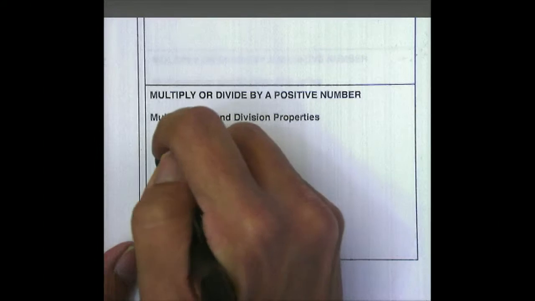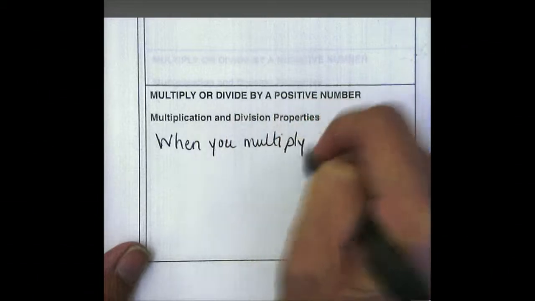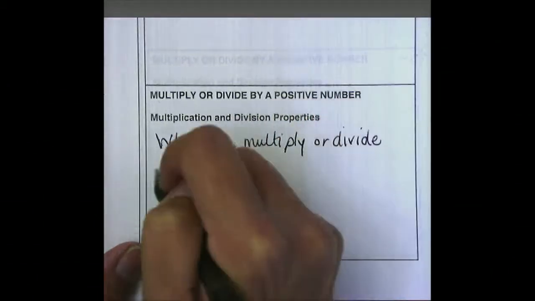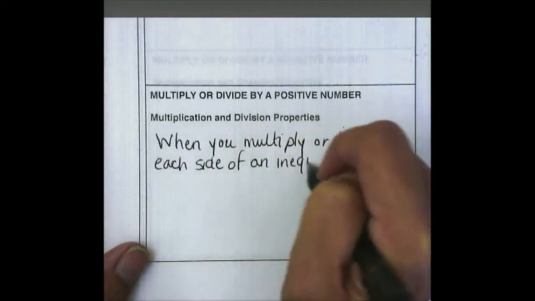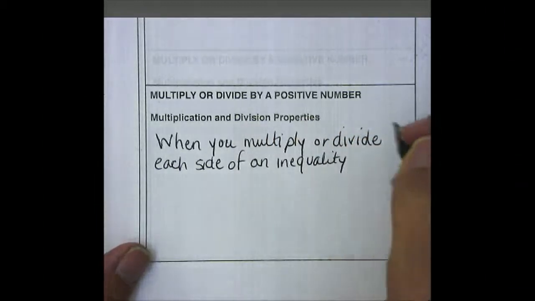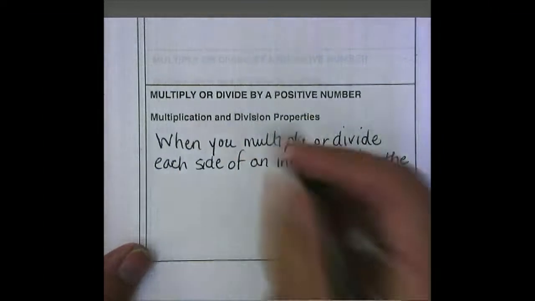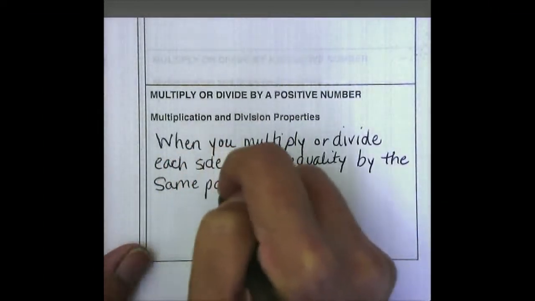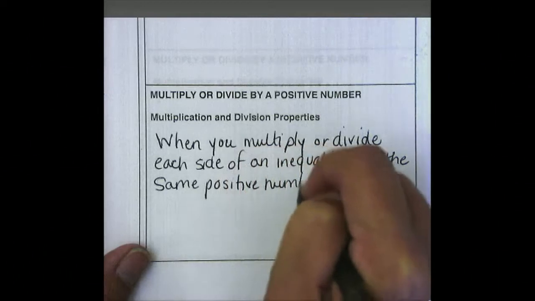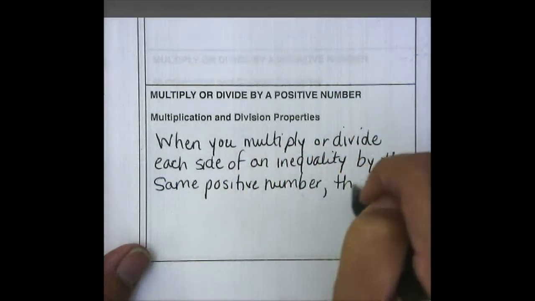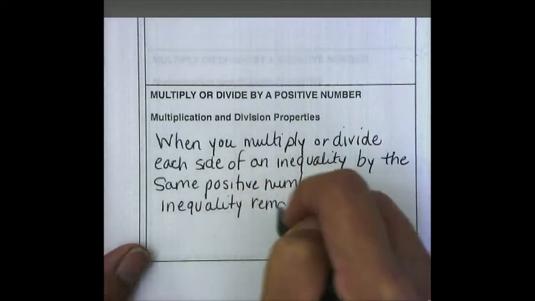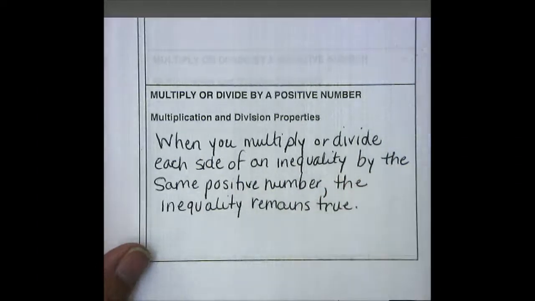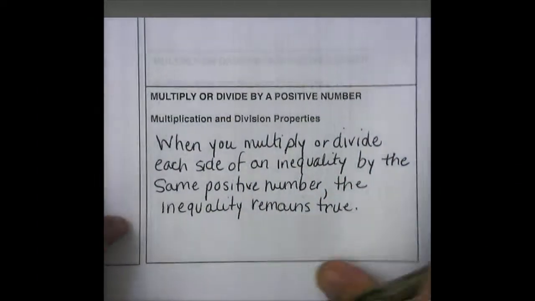So when you multiply or divide each side of an inequality by the same positive number, the inequality remains true. Let's look at some examples.